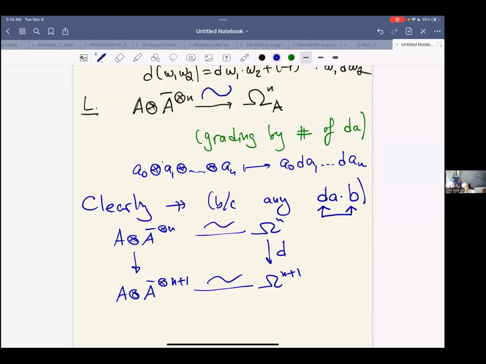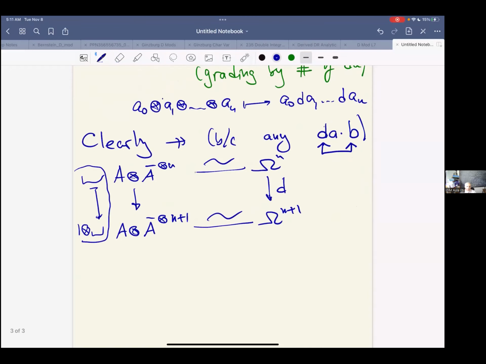It's just tensor multiplication by 1 on the left. This differential graded algebra does, of course, remember multiplication in A. A is a subalgebra, but the differential, the de Rham cohomology, doesn't even know the multiplication. It's just pure linear algebra.